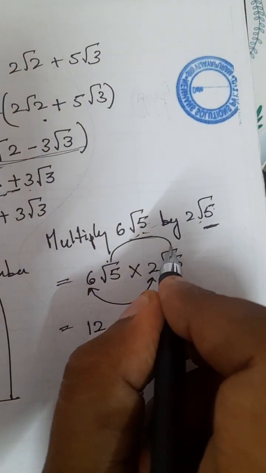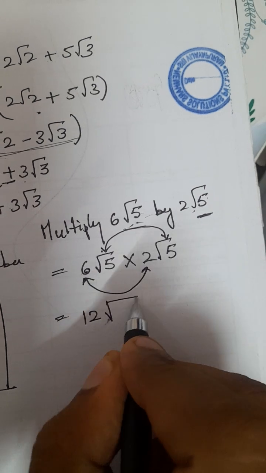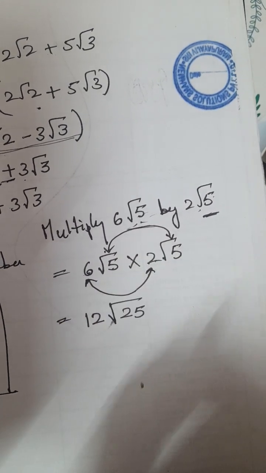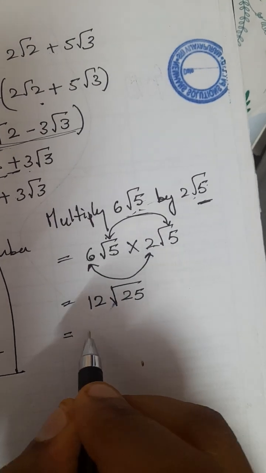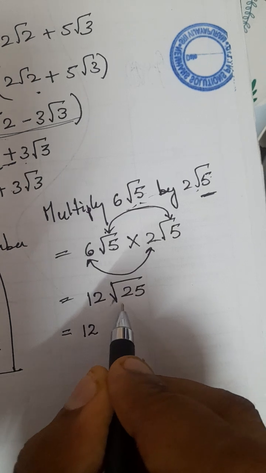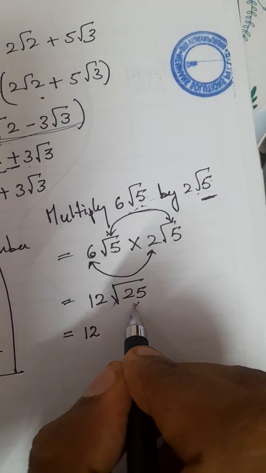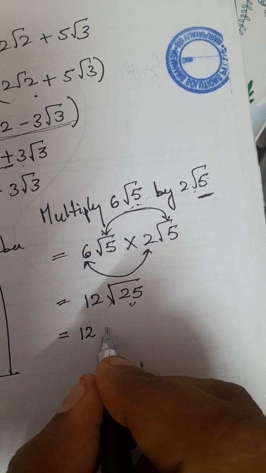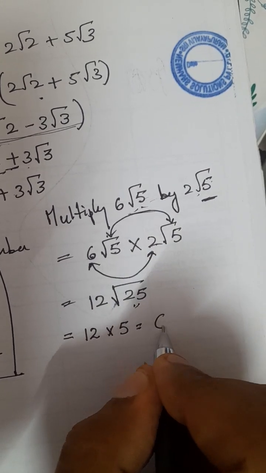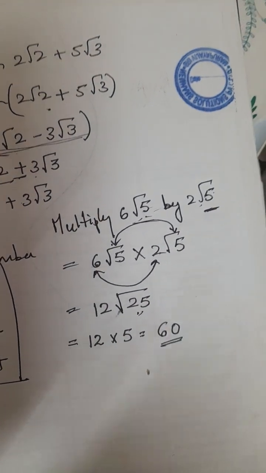Then the irrational part you multiply: root 5 into root 5 is root 25, and you very well know the square root of 25 is 5. So 12 into 5 is 60. Your answer is going to be 60.